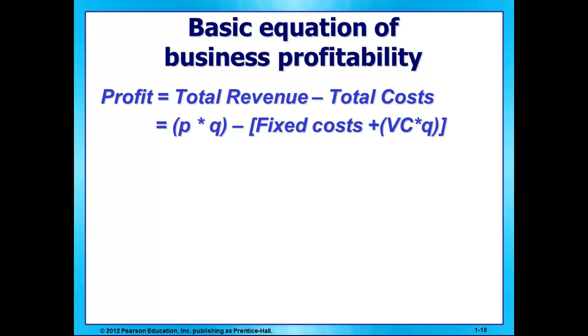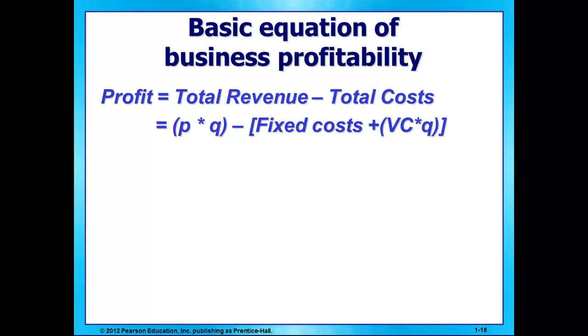And from that revenue, we must subtract our fixed costs, which are the overhead, the costs we incur even if we sell nothing, such as plant and equipment. And then we also have to subtract out the variable costs of doing business. So those variable costs are going to be the costs incurred to produce each unit.